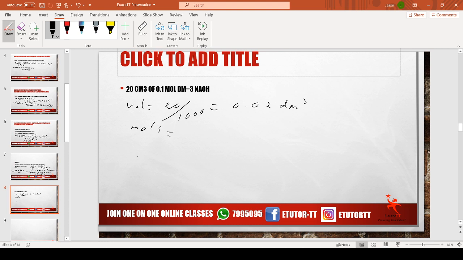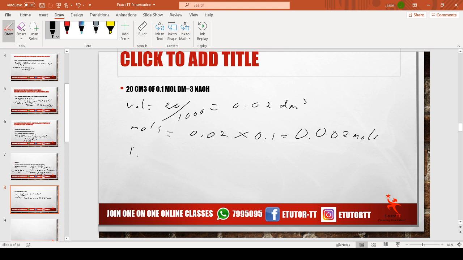So moles equals 0.02 multiplied by 0.1, which gives us, let's work that out, 0.02 multiplied by 0.1, which equals 0.002 moles.